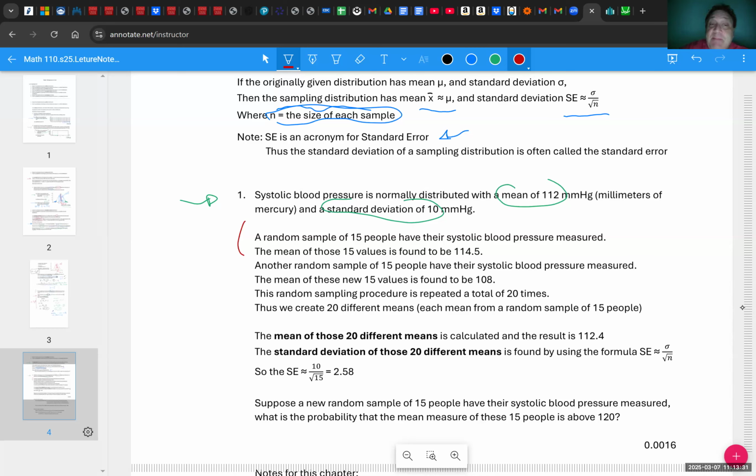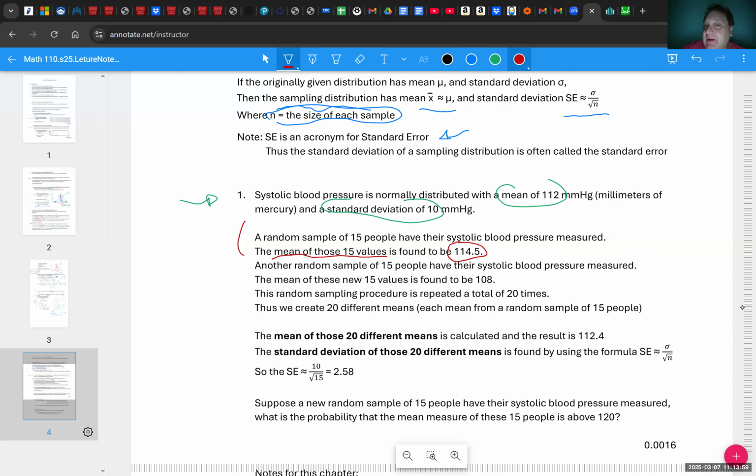And then we find the mean of those 15 values. You add up the 15 values, divide by 15, and you get one number. So this one number is the mean of the 15 people's blood pressure.